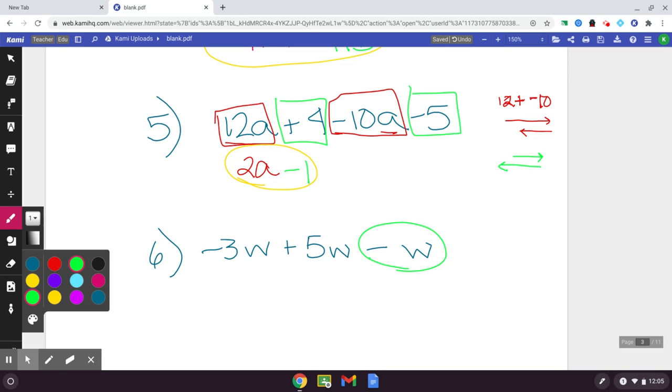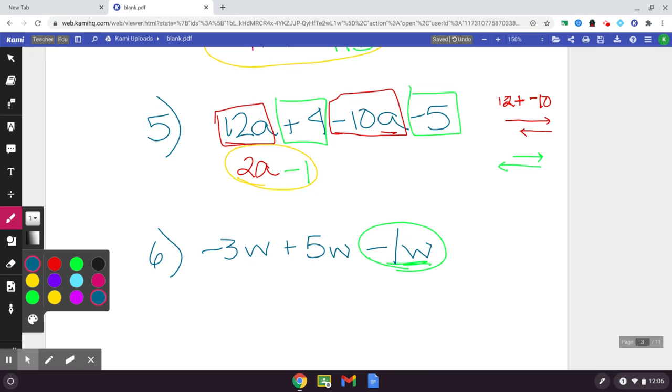There's no number out in front. When you have a variable and there is no number in front of it, you want to think, well, how many w's do I see on the paper right there when I'm just looking at this term? Well, I see 1 w. So if there is no number out in front of the variable, there is really a 1 there.